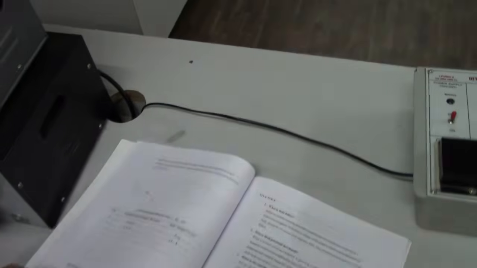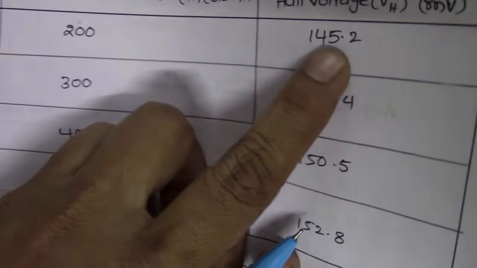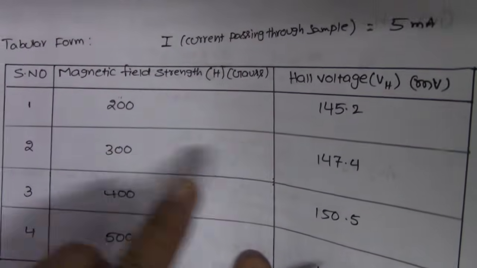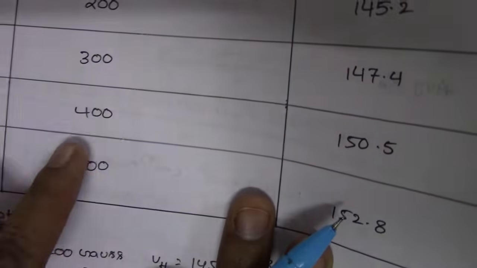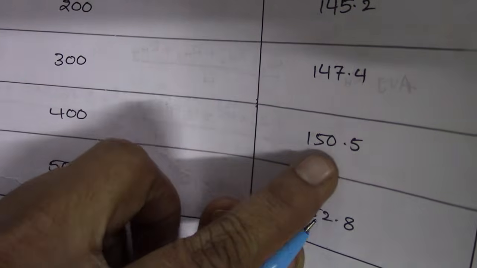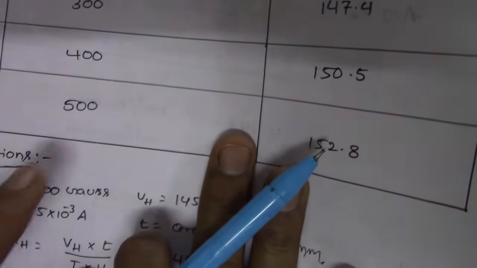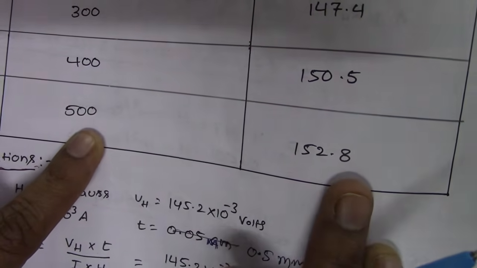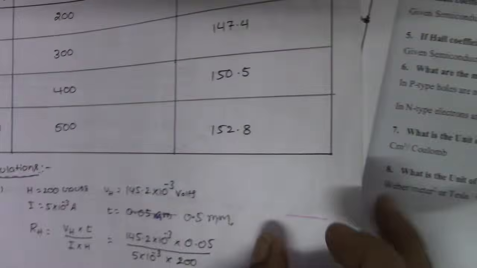So we have taken a set of readings and we have done the calculations. I will show you the readings that we have taken. So 200 Gauss, which was equal to 145.2 millivolts, 300, 147.4, 400 Gauss, 150.5 millivolts, 500 Gauss, 152.8 millivolts.